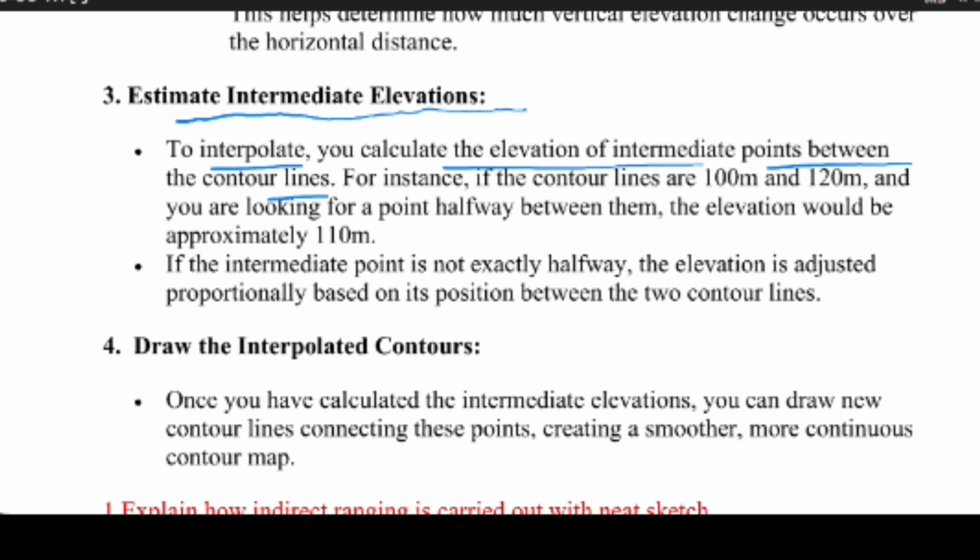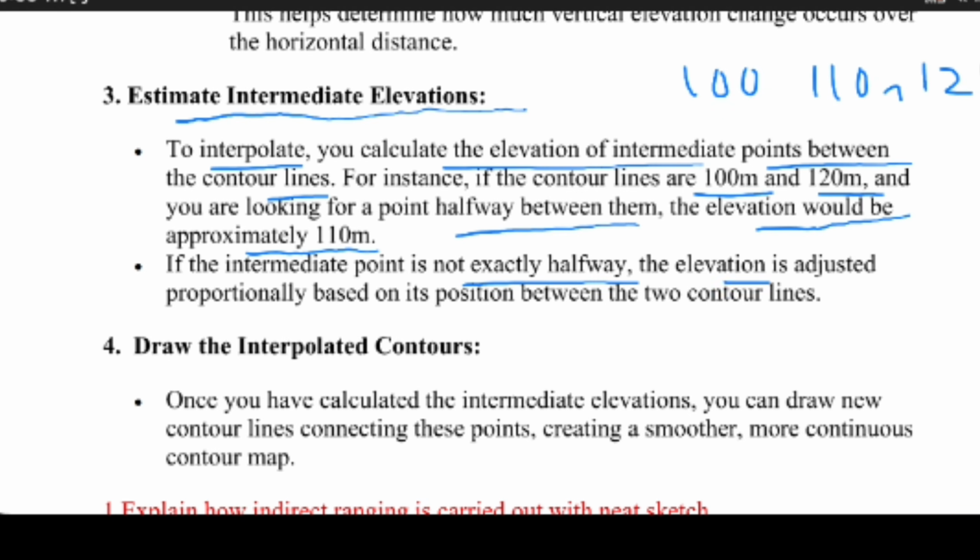For instance, if the contour lines are 100 meters and 120 meters, halfway between them the elevation will be 110 meters. If the point is not exactly halfway, the elevation is adjusted proportionally based on its position between the two contour lines.